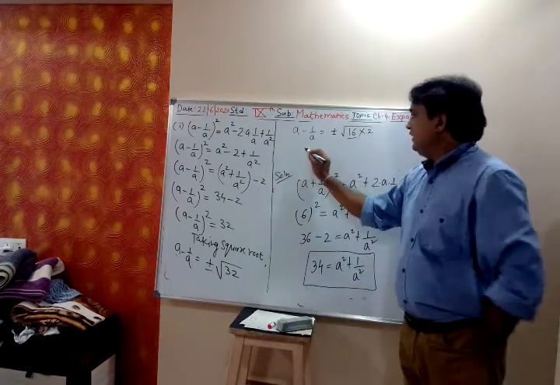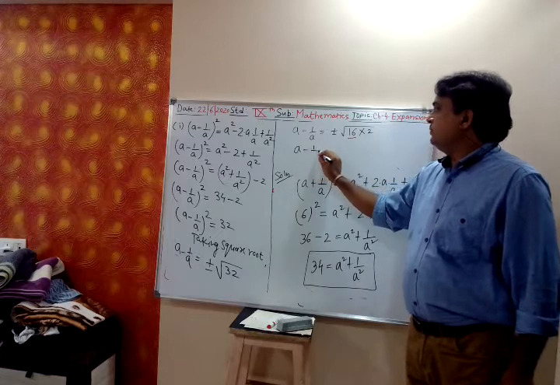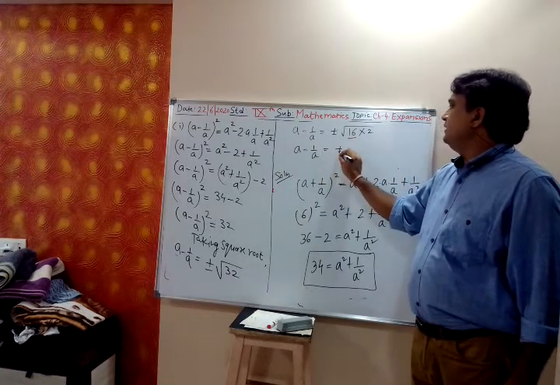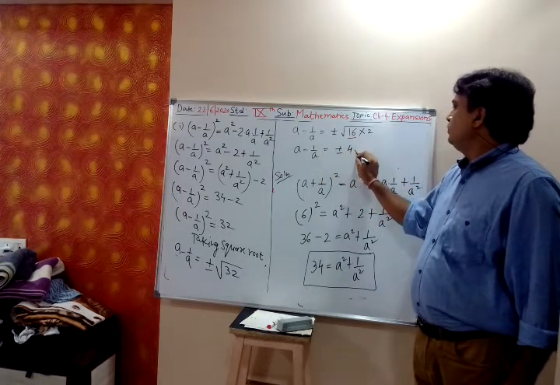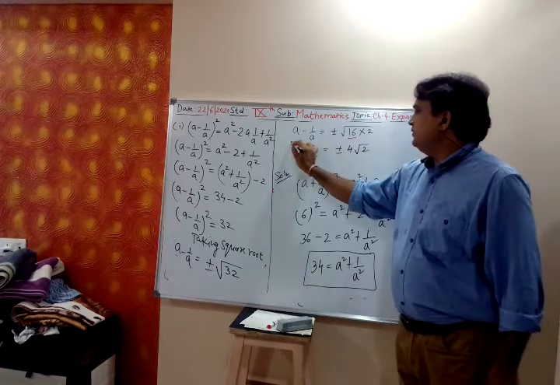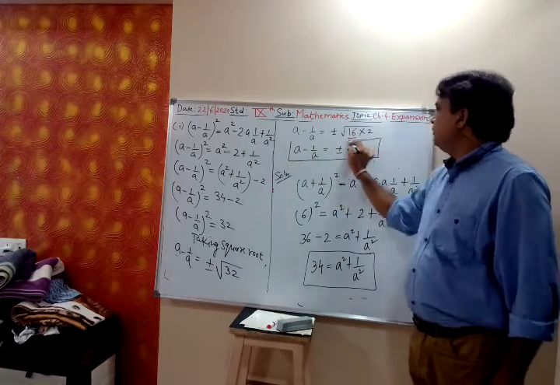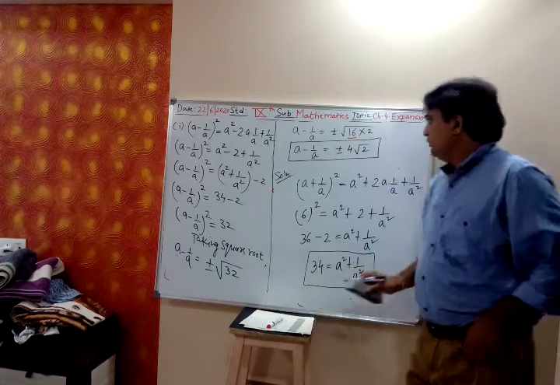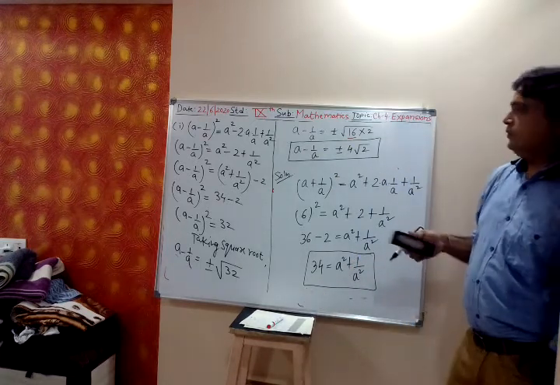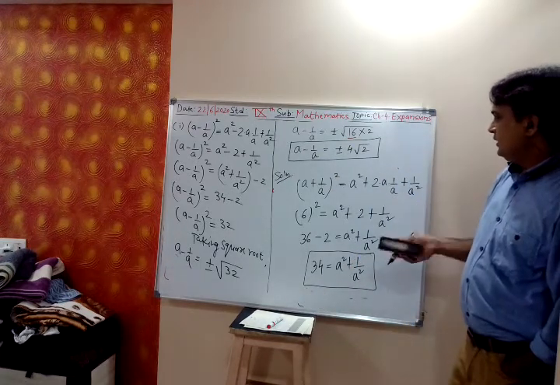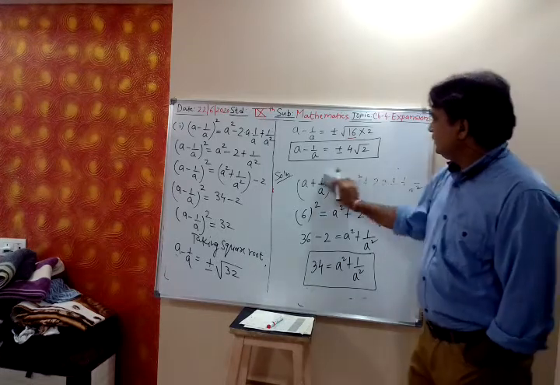So a minus 1 upon a is plus minus 4 root 2. Plus minus means plus 4 root 2 and minus 4 root 2. So first answer we have got.